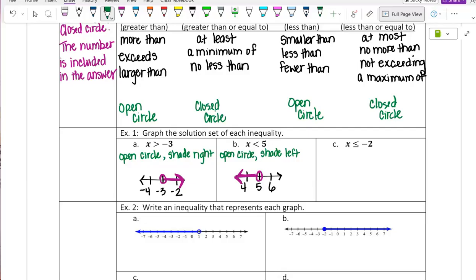C, x is less than or equal to -2. This time we have that or equal to part of the inequality. So this is going to be a closed circle. And I want the numbers that are less than or equal to -2, so we're going to shade left.